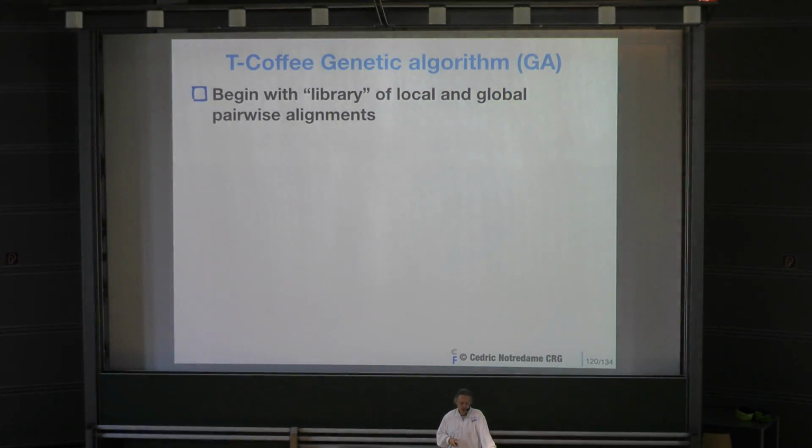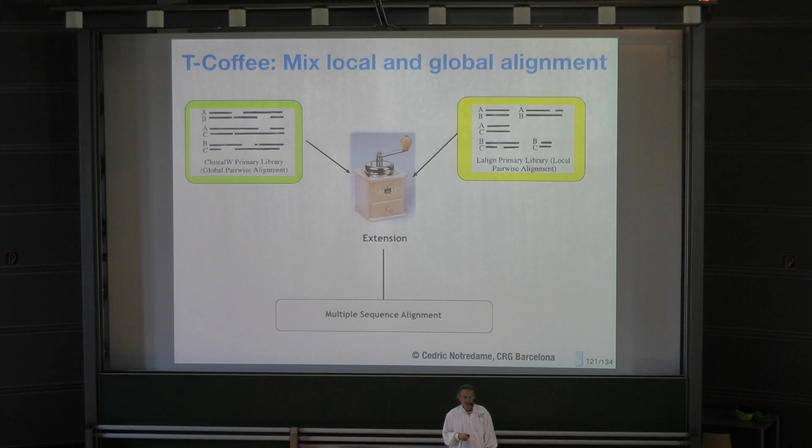For doing it for proteins, you begin with a library of local and global alignments. So you have a bunch of methods that you apply. You use a hidden Markov model, you use dynamic programming, you use PSI-BLAST, and you put all of this into essentially local alignments. And then you put these local alignments into the genetic algorithm. You create children, you create mutations, and you create, through this genetic algorithm, a new alignment.